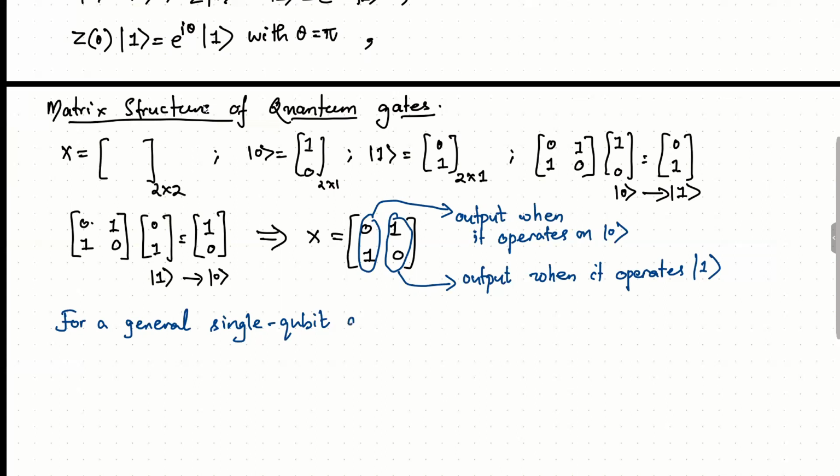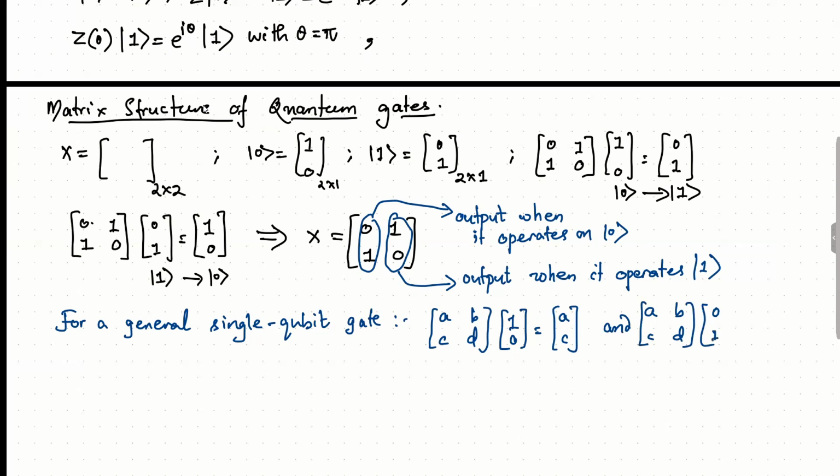For any general single qubit gate, we have this matrix A, B, C, D. When it operates on state 0, it gives me A C. And when it applies on state 1, that is 0 1, we get B D. And you can see that the first column is the output when it operates on 0, and the second column is the output when it operates on 1, right?